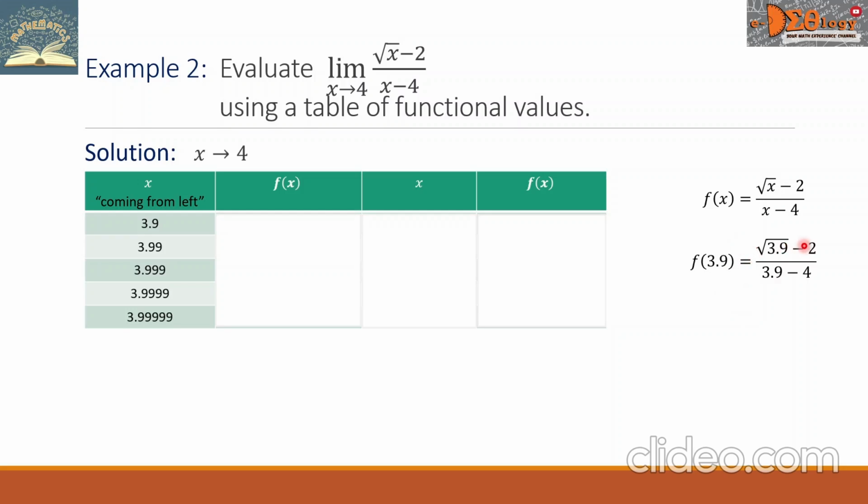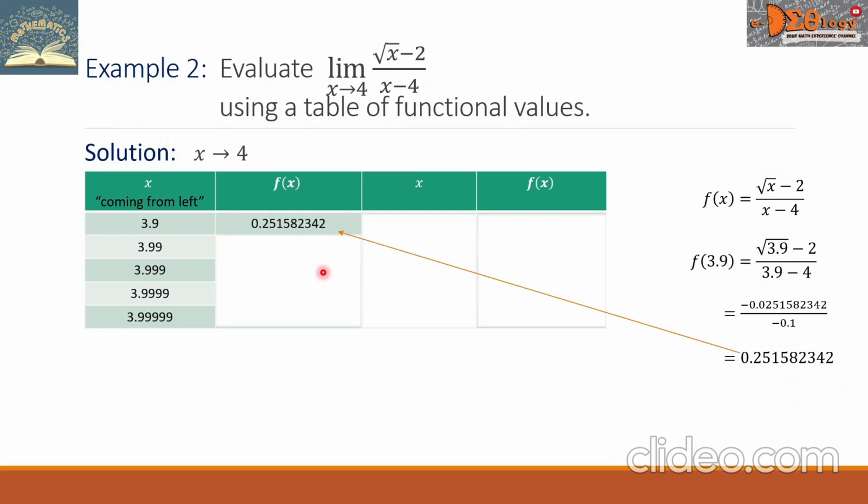Using our calculator, the numerator is simplified as negative 0.0251582,342 all over negative 0.1 in the denominator. The quotient now is positive 0.251582,342.